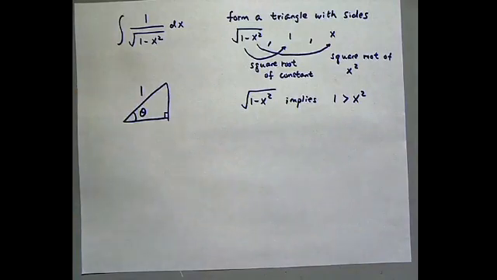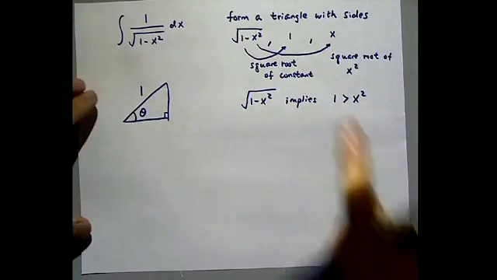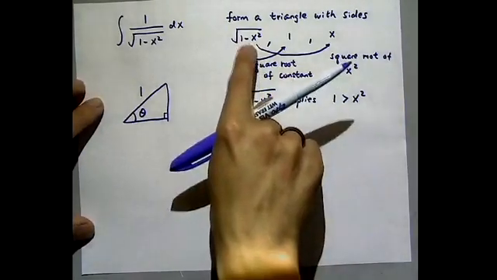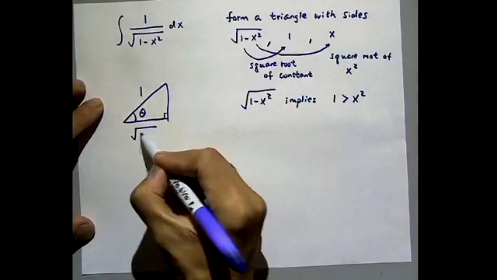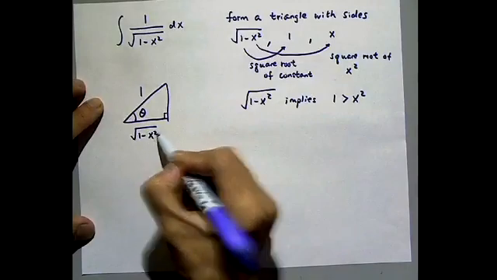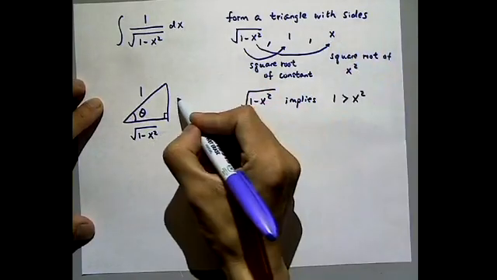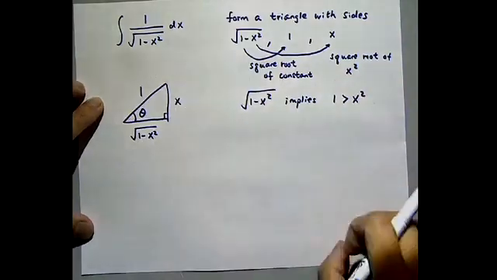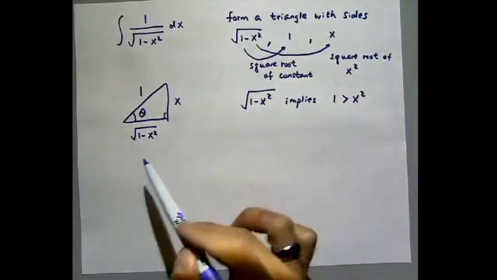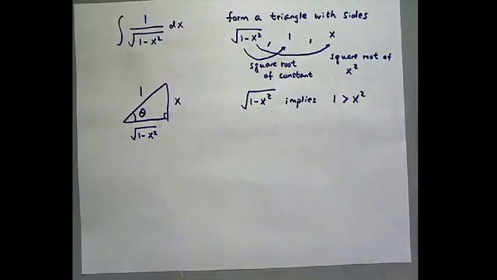And then you got 2 left here. The 2 can basically go anywhere you want them to go. But what we want to do is to put the radical here, and then the x over here. And I'll talk more about other cases where what goes where. So this is the first thing we want to do. Get a triangle with these three sides.